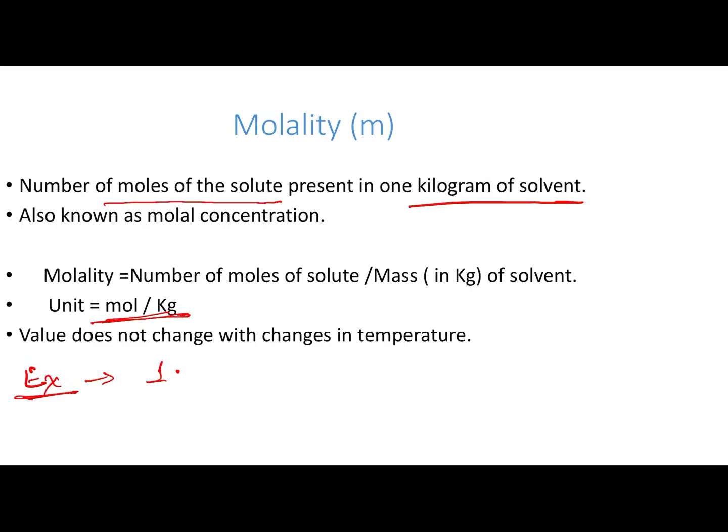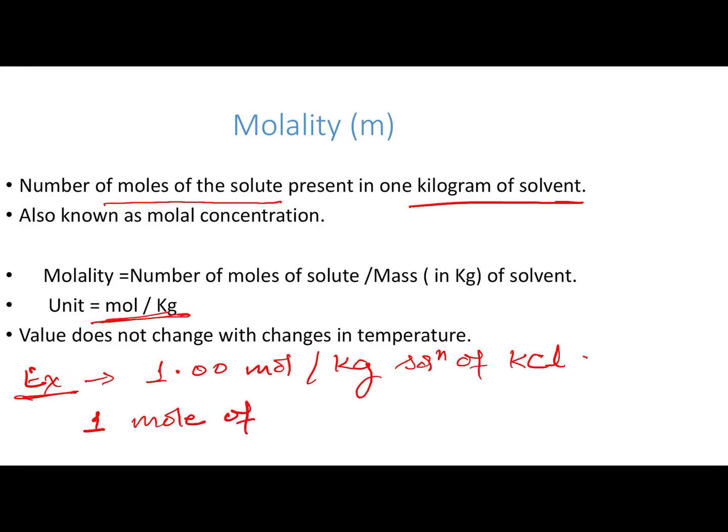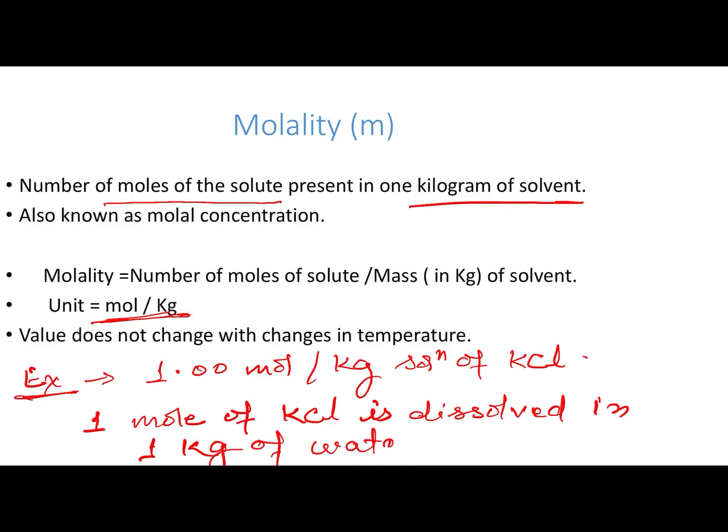Suppose I'm writing here 1.00 mole per kilogram solution of KCl. What does it mean? It means 1 mole of KCl is dissolved in 1 kilogram of water.